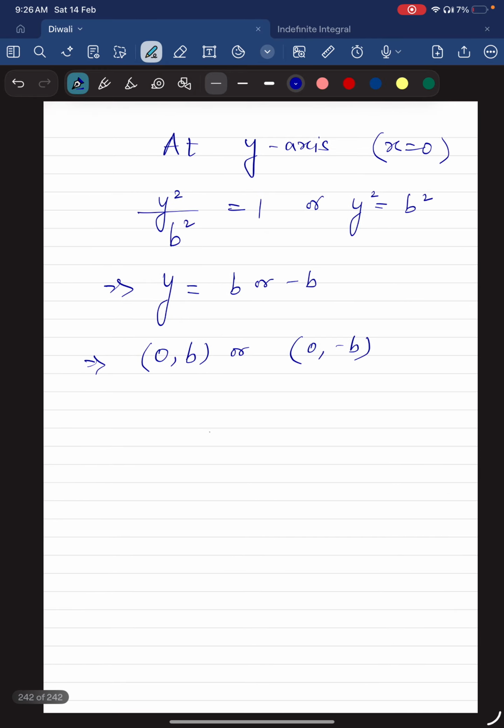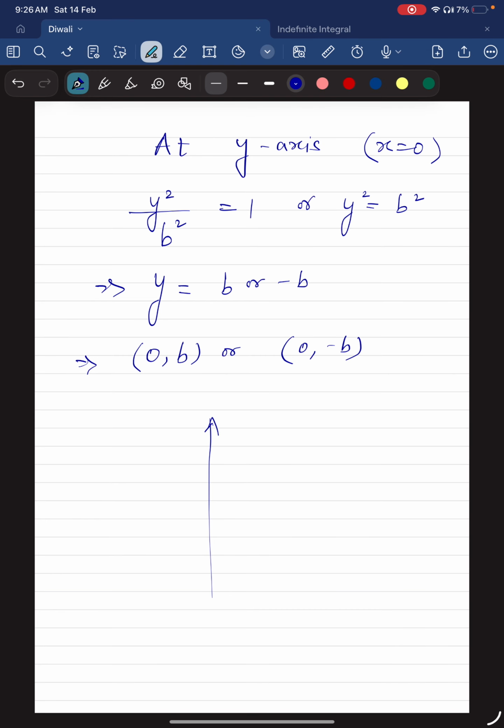So finally, if I try to draw the graph of my ellipse, previously I had drawn only two fixed points S1, S2 with coordinates c comma 0 and minus c comma 0. Now I have four additional points from where my ellipse is passing.